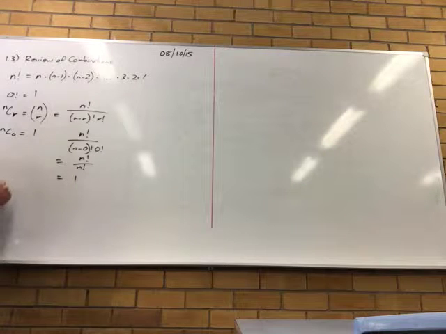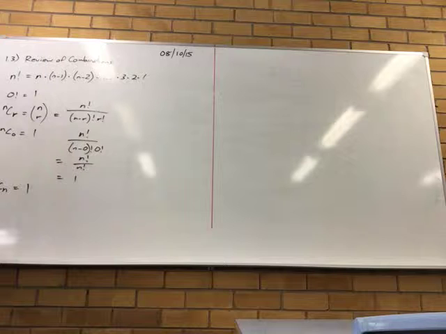nCn. So how many committees can be formed from a selection of 5 people, and the committee needs 5 people in it? Only 1. Remember, combinations are where order is not important, so forming a committee, forming a group.